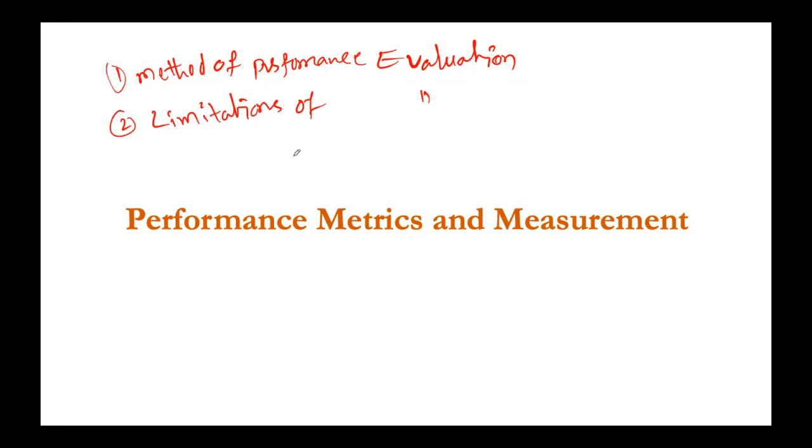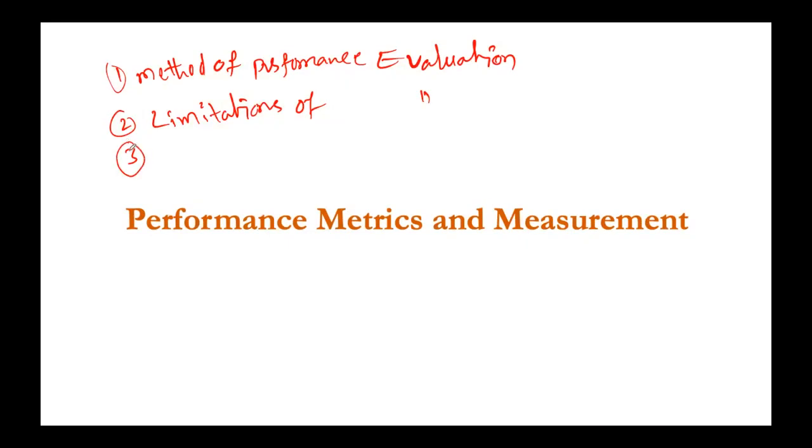What are the shortcomings of each method or measure of performance assessment, from when do these limitations arise and why, and what can be done to improve these limitations? So that comes into the second issue of computer performance.